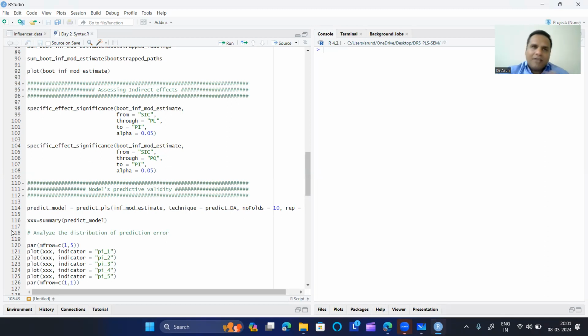Sonam asked the right question: is predictive validity of the model applicable to both methods of SEM? I said no. Establishing predictive validity of the model is applicable only to PLS SEM, and in CBSEM there are model fit indices, so predictive validity is not a concern. We'll hardly find that in CBSEM people talk about predictive validity of the model. But in any PLS SEM paper, people will definitely talk about it.